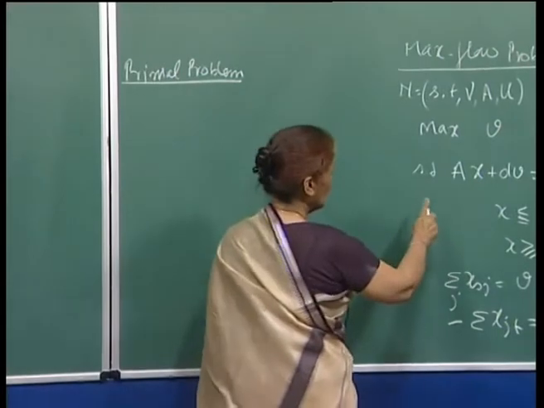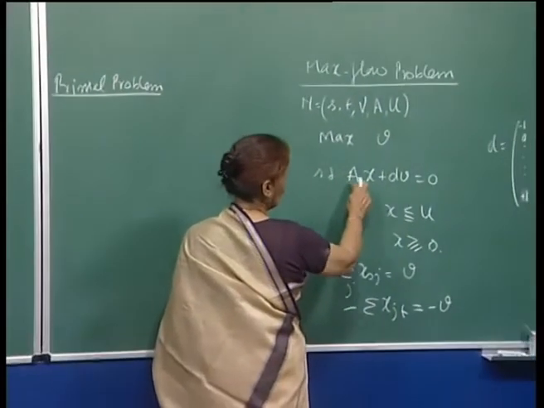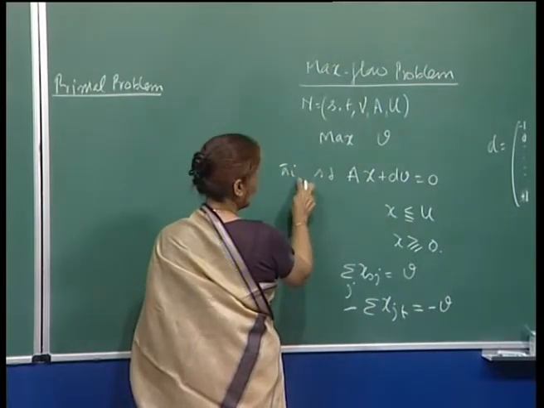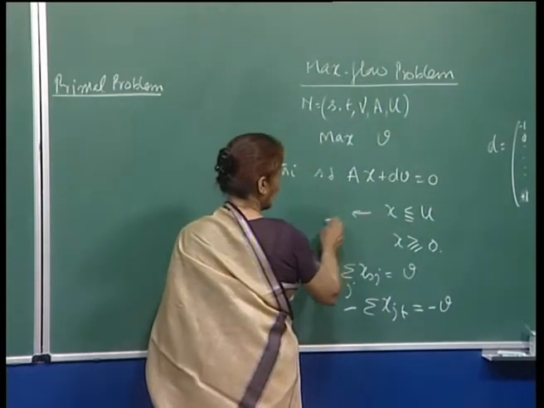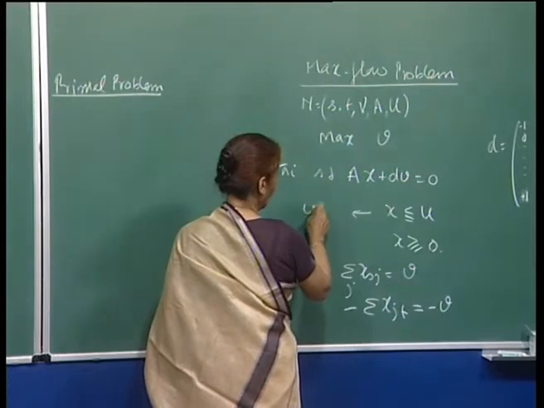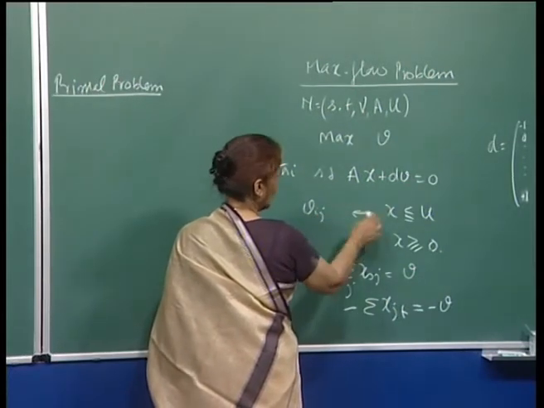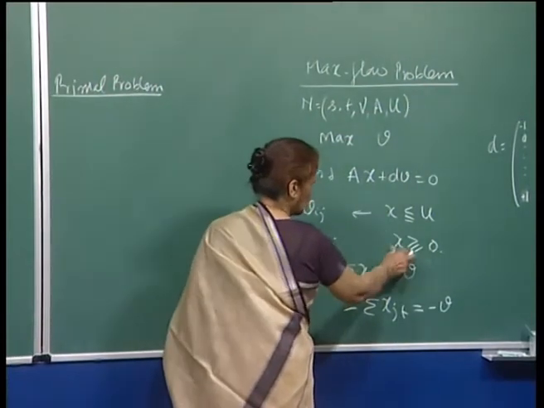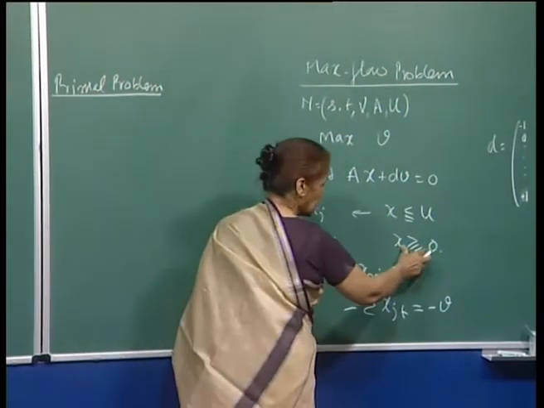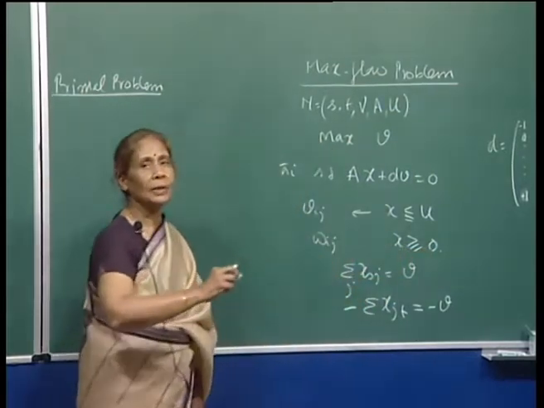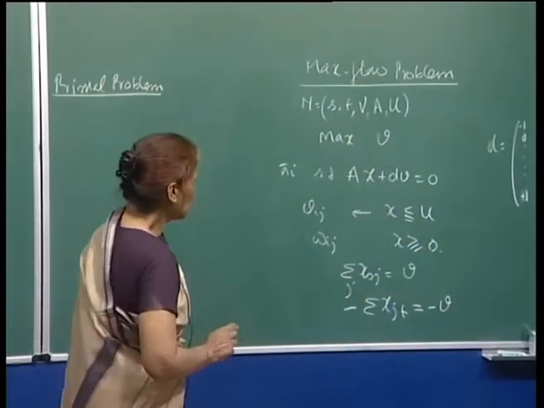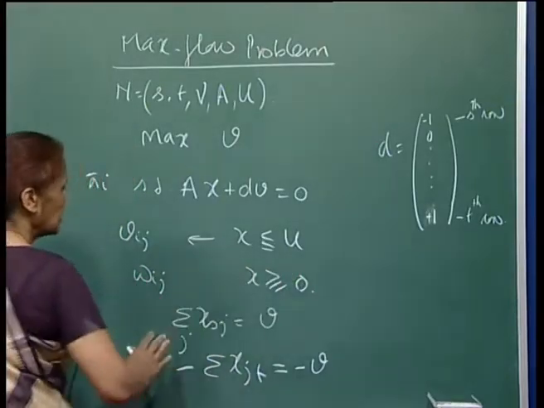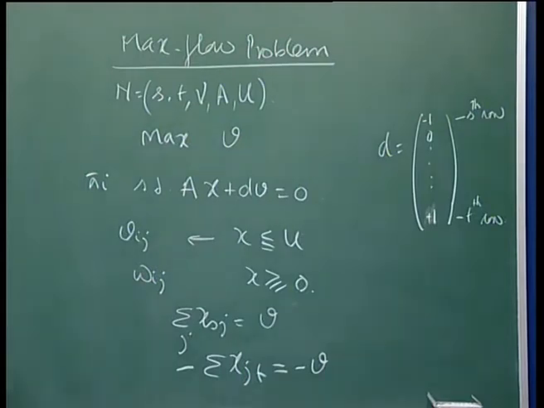So here you see, I can say that these are the nodes corresponding to the n nodes. So let me denote the variables pi_i, right, and then with these it will be v_ij for x_ij, and for this w_ij. So right now I am treating these as explicit constraints. Remember, in the linear programming formulation we were not worried about x non-negativity, these constraints, but here, just to make the presentation simple, I am doing this.